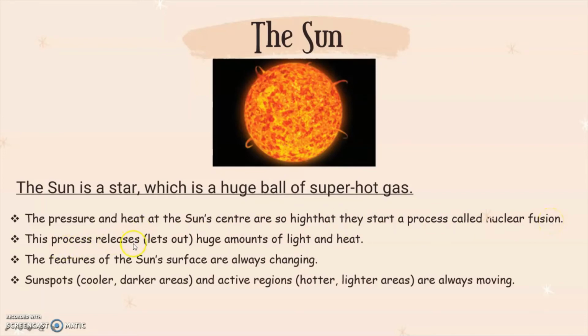This process releases or lets out huge amounts of light and heat. The features of the Sun's surface are always changing. Sunspots, cooler or darker areas, and active regions, hotter and lighter areas, are always moving.